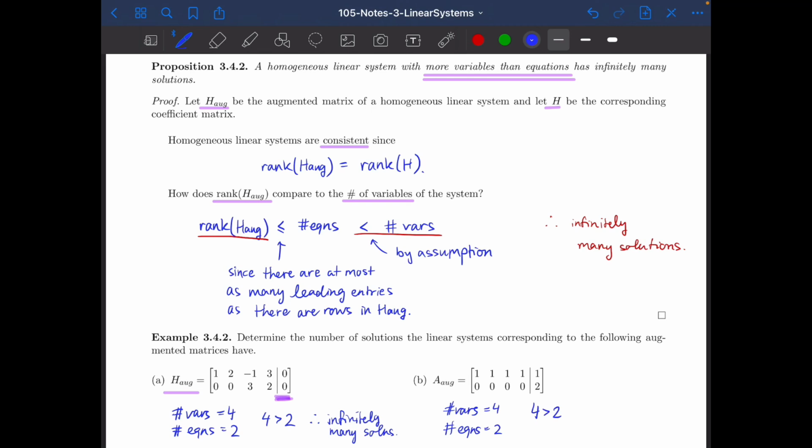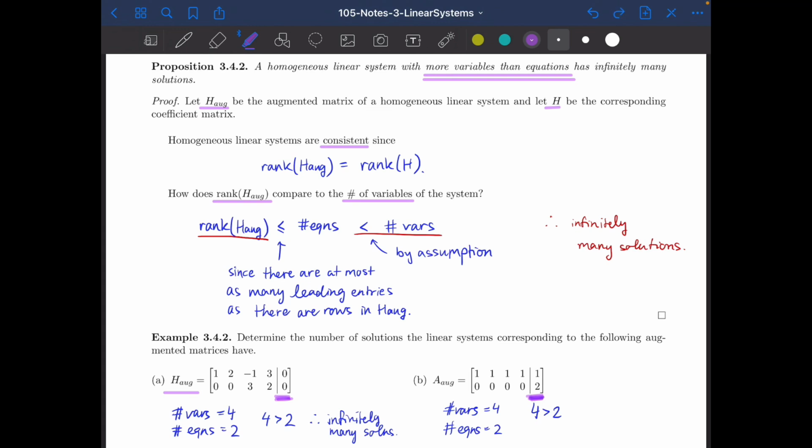We cannot do that in this case because this is not an augmented matrix corresponding to a homogeneous linear system. The constant terms are not 0, they are 1 and 2. So we cannot use proposition 3.4.2 to conclude that the linear system has infinitely many solutions.